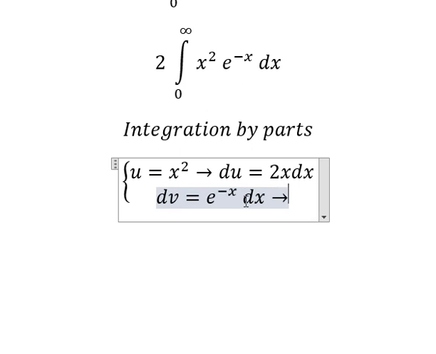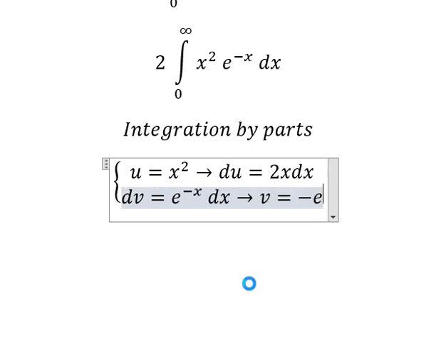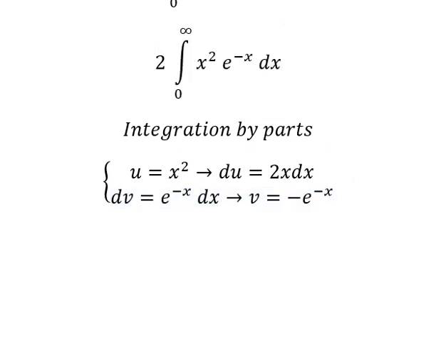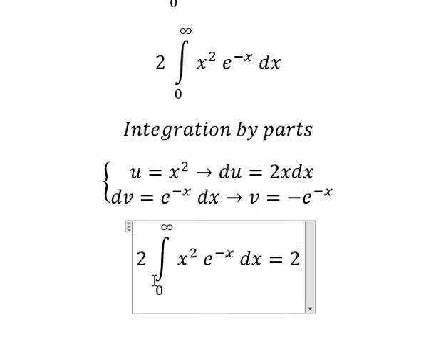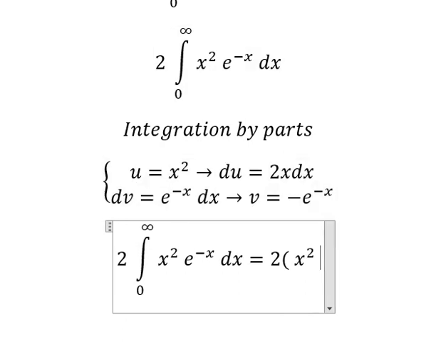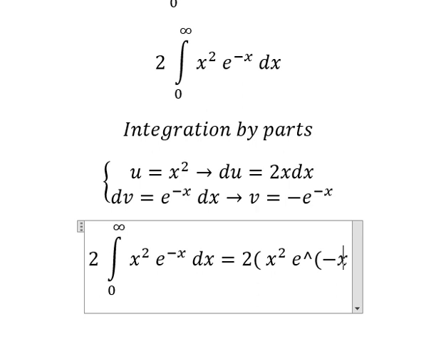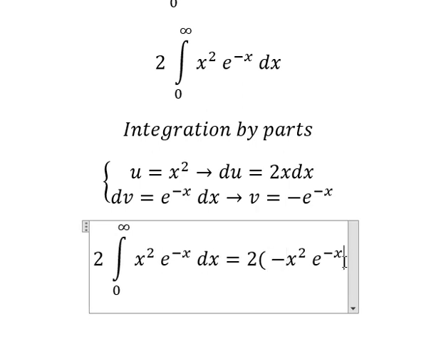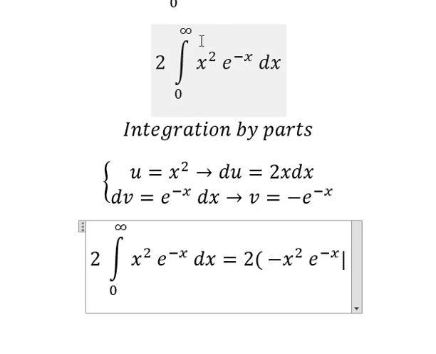So the integration of this one, we have v equals negative e to the power of negative s. So we keep the same number 2 in here. So we have u multiplied by v, and then we put the bounds from 0 to positive infinity.